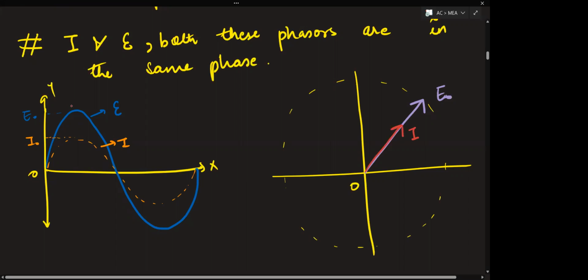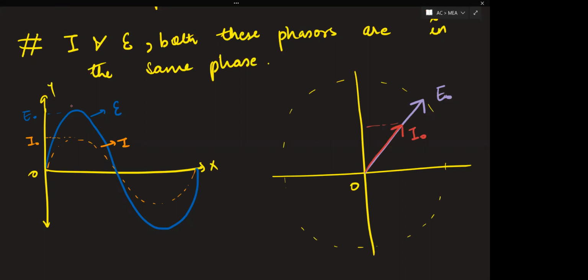This will be I, because they are in the same phase. Got it? So what is I naught? This gap that you are able to see is I naught sine omega t, because this angle is omega t.